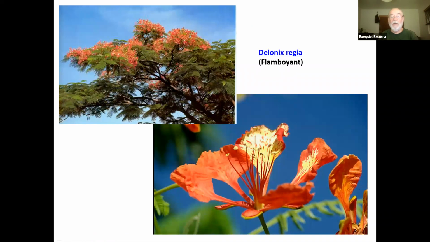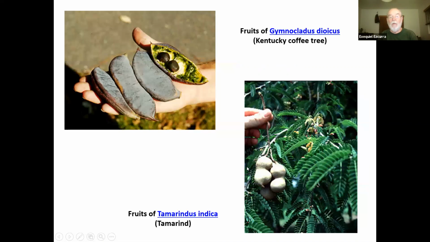Delonyx regia, very related to the previous one, known as flamboyant, also has a flower. You can see the banner petal is normally clear in color and spotted. You can see the two wings, and then the keel also opens.